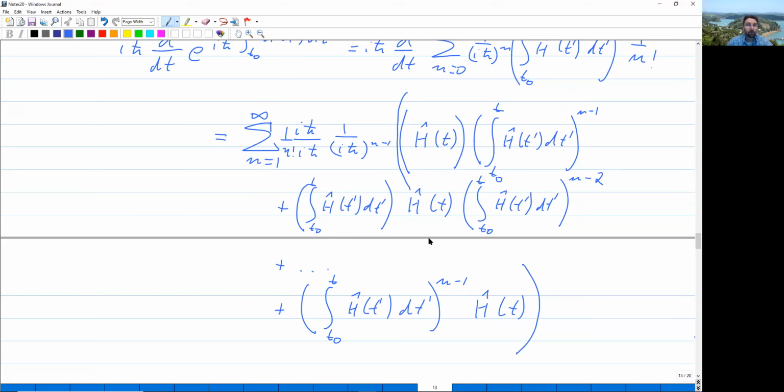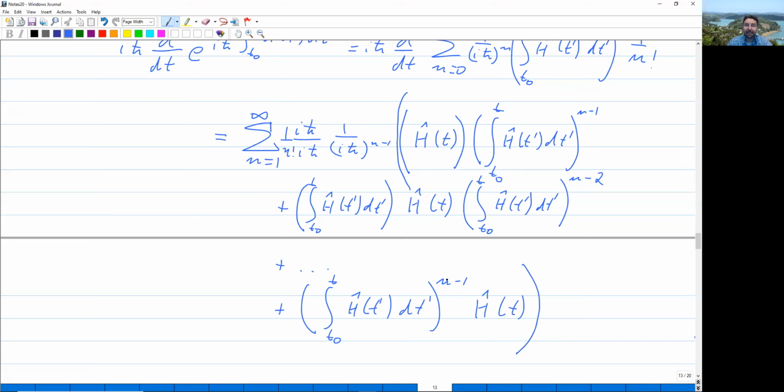Okay, but what do we need? Well, we would need here that this commutes with h hat, because if it does, then all of those n terms could be written as this term, right? Where we simply have all of the n minus 1 integrals to the left and the h hat to the right. And then we would have n times this term.